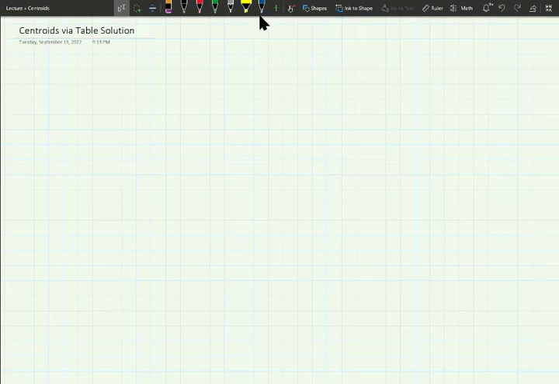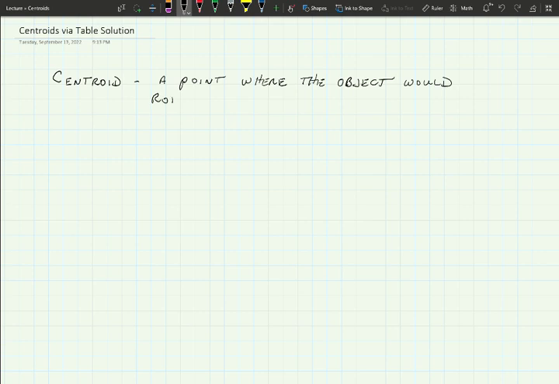Okay, let's talk about centroids. So a centroid, well, let's put it in black. Okay.